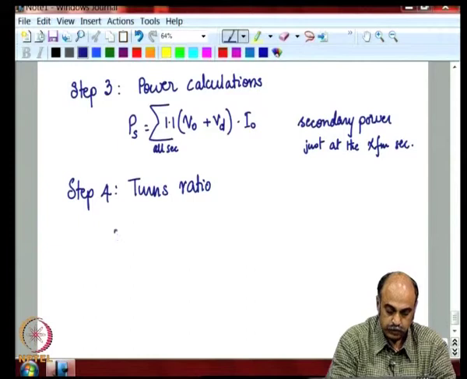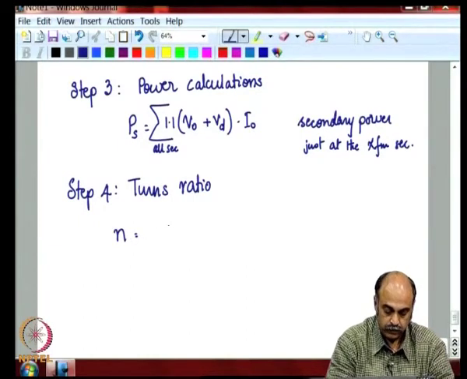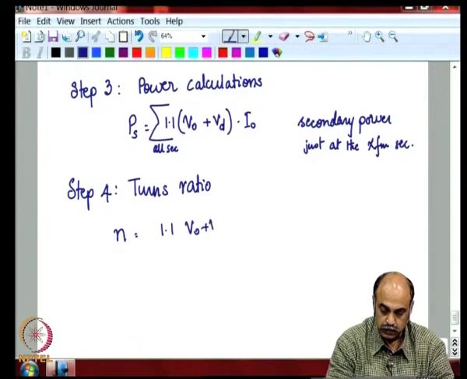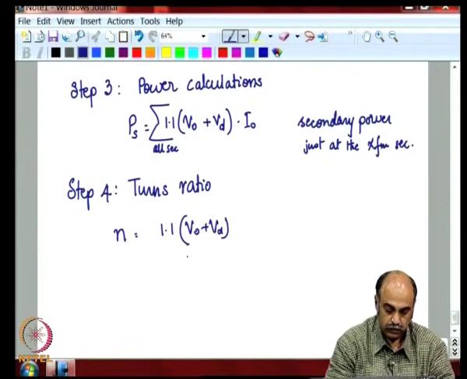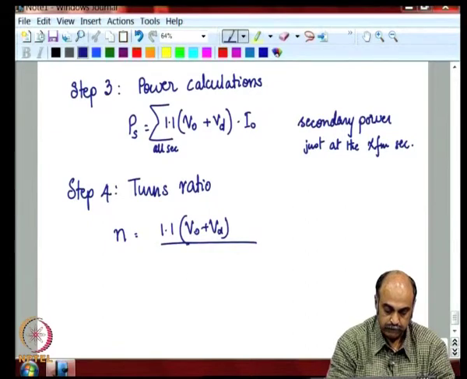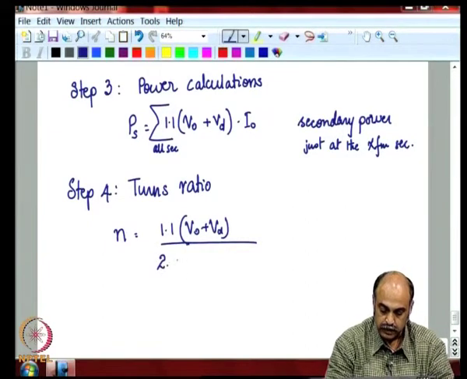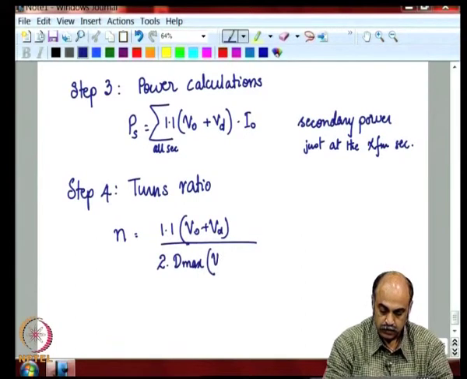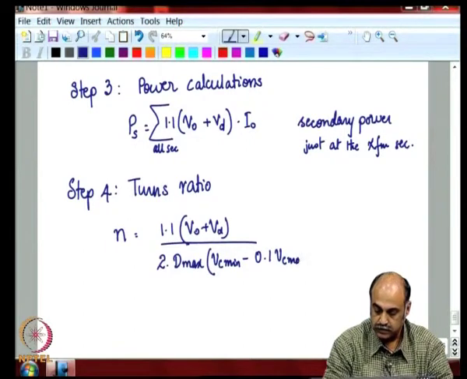So, the turns ratio is nothing but, let us say, 1.1 V naught plus Vd divided by 2 times D max into Vc minimum minus 0.1 Vc max.